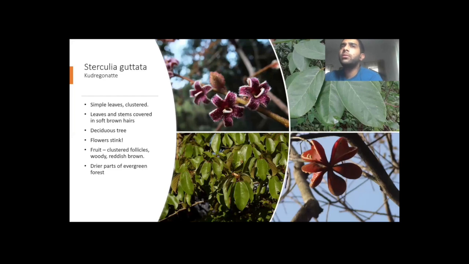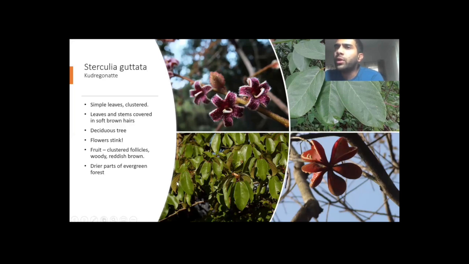Next, I think this is our first deciduous tree that we'll talk about. By deciduous I mean they drop their leaves in summer. So this also has simple leaves, which are clustered, but it is smooth. It doesn't have any jagged edge on the leaf.